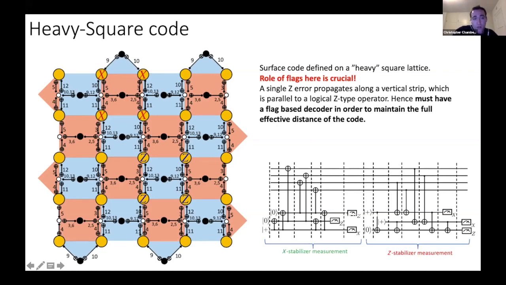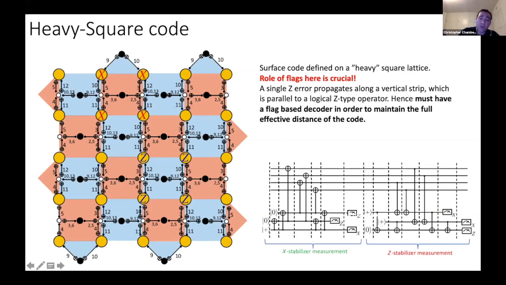Now, an important thing to note here is that for the heavy square code, information from the flag qubits is crucial if you want to maintain the fault tolerance properties of this code. Because as it turns out, if you look at a blue plaquette, a single Z error, say on this white ancilla, can propagate to 2 data qubits. And what's important here is that this weight-2 Z error is parallel to a logical Z operator of the code.